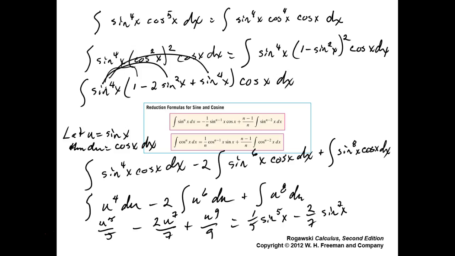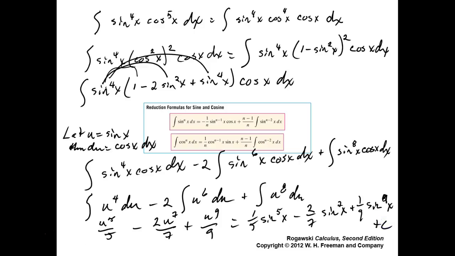Goodness gracious. Okay. Sorry about that. And plus 1/9 sine to the 9th x plus c. I couldn't read my writing. All right.